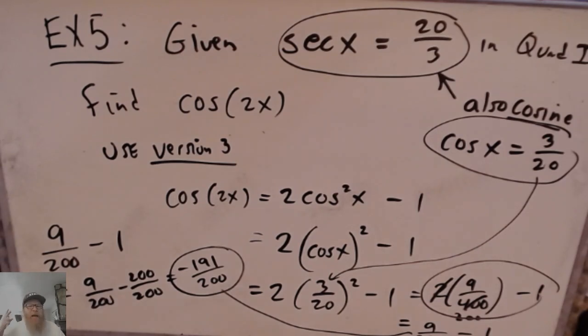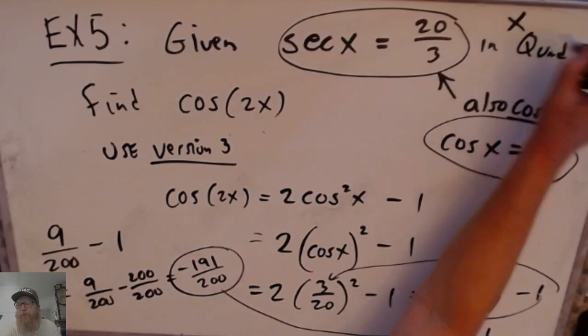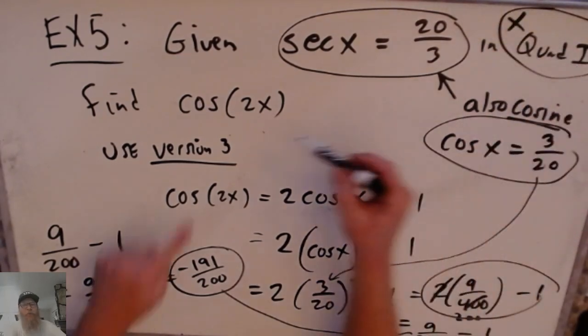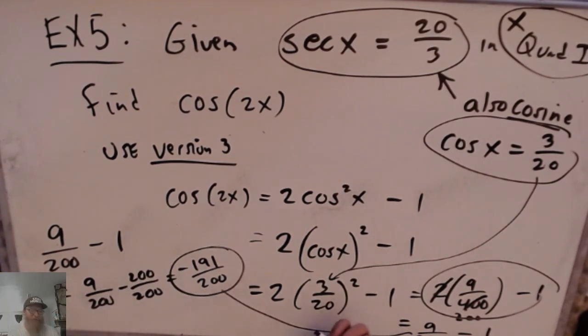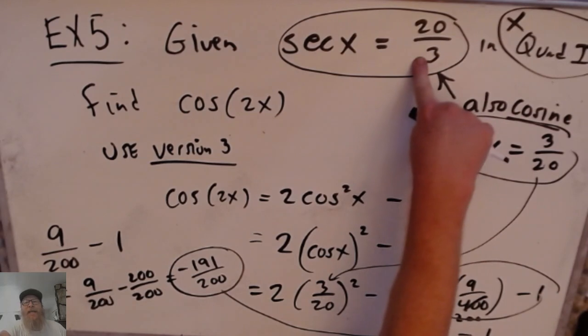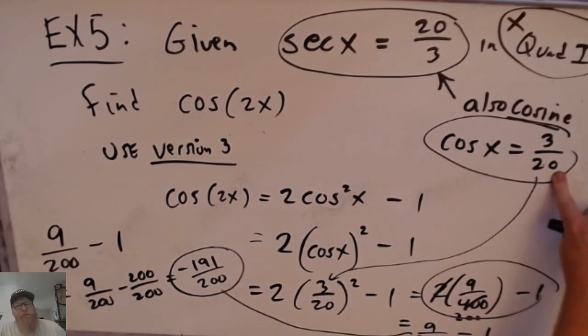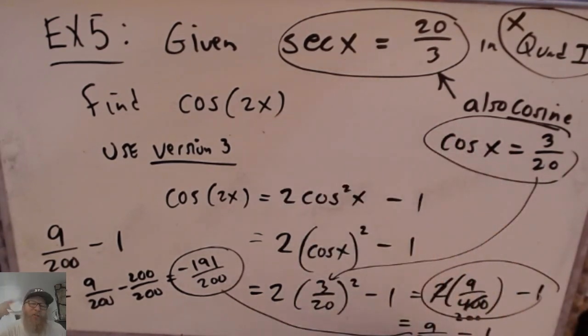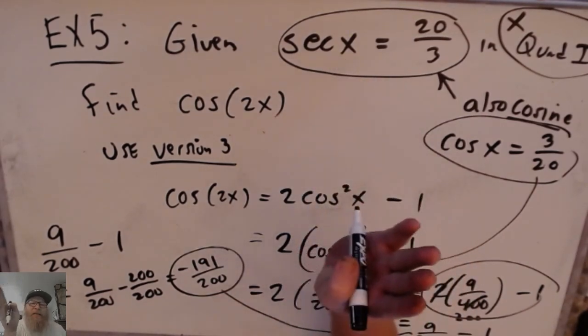And you might think, well, wait a minute, you said I was in quadrant 1. Well, x is in quadrant 1. When you double the x, it actually pops it over into quadrant 2. You can kind of tell the secant is pretty big, or you could think the cosine is very small. So just intuitively, this means that this angle was pretty close to 90 degrees.